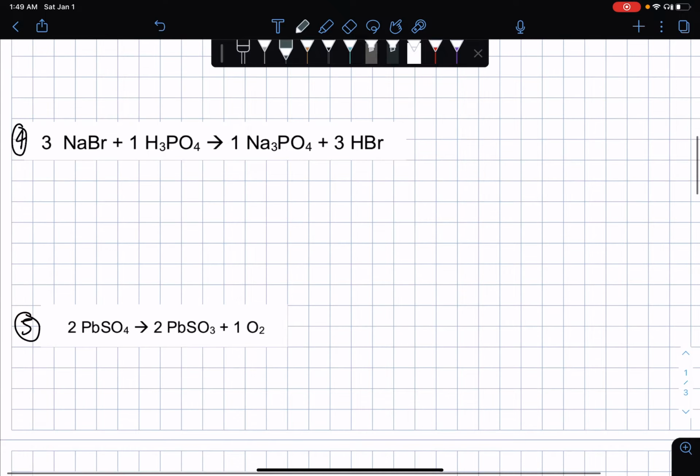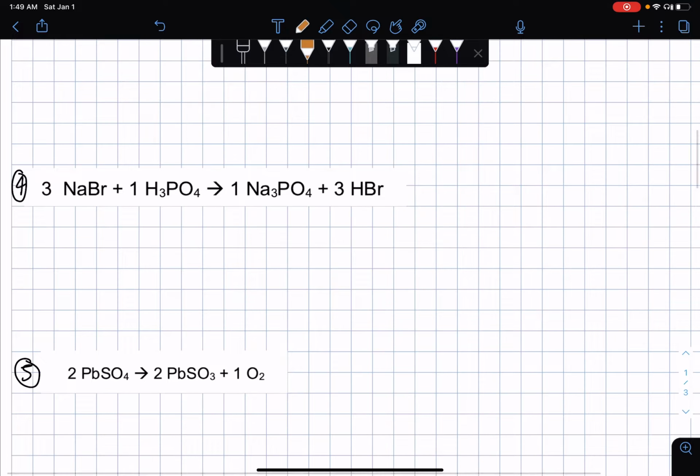All right, for number four, let's encircle these. PO4, then 1 Na3 is equivalent to 3 Na. I hope you can see the pattern that I've been showcasing since earlier.